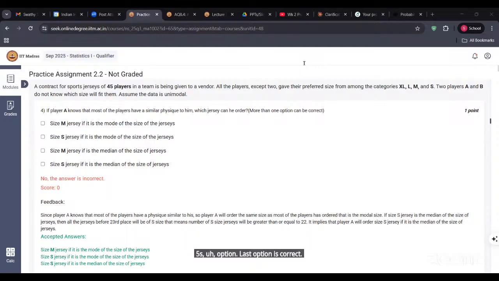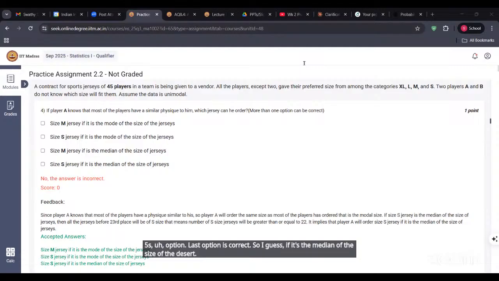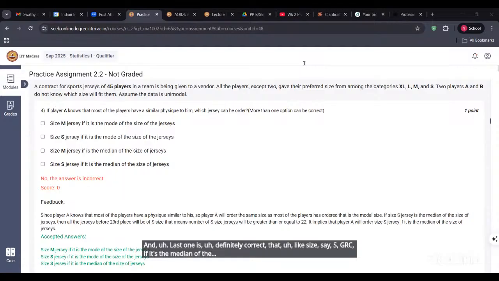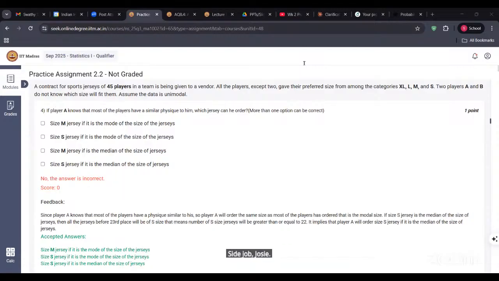Size S, if it's the median of the size of the jersey. The last one is definitely correct. The second one is the mode of the size of the jersey.